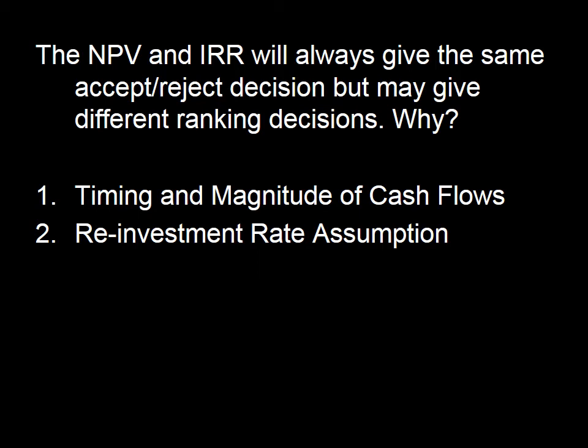If I walked up to you and said, this asset's going to give you a net present value of $1,000, if you didn't have any financial background, you would have no idea what I was talking about. So internal rate of return is just more intuitive. So therefore, that's one of the reasons companies tend to gravitate toward the internal rate of return.